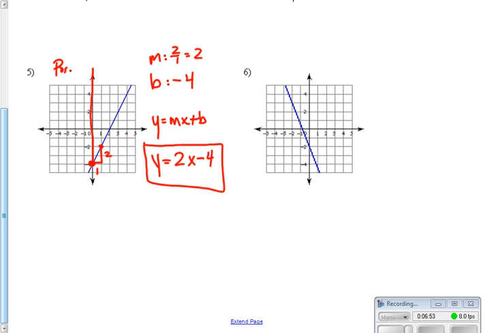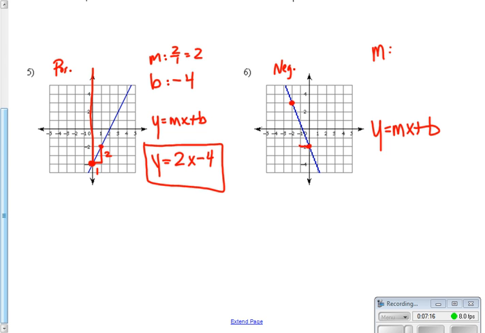Last problem here. Looking at it, we'd have a negative slope. This is decreasing. We have our slope-intercept form, y equals mx plus b. M, find 2 points that we know exactly what they are. Here's a point, and it looks like we have another point up here. So go ahead, construct that right triangle.